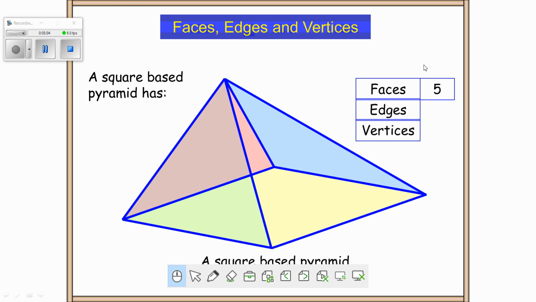So the pyramid has 8 edges. I am correct. Now the vertices.